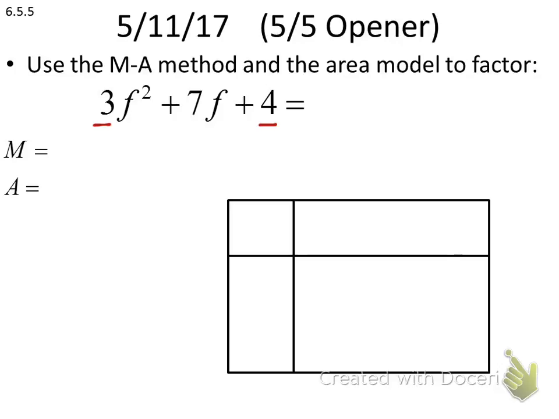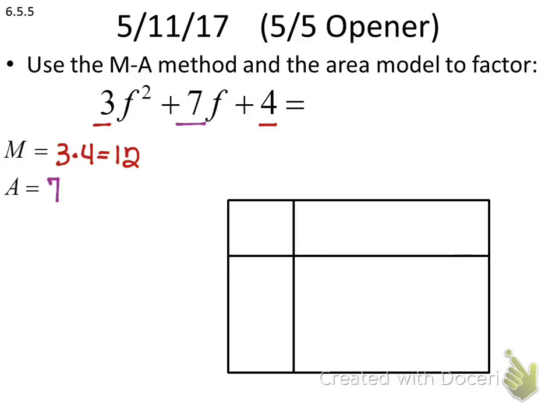So what are you going to do with those two coefficients? I'm going to multiply it and get 12. Good. Melissa, can you get your head up for me, please? And then how do you determine what your A is, Vernell? It's just going to be 7. It's just your second coefficient.